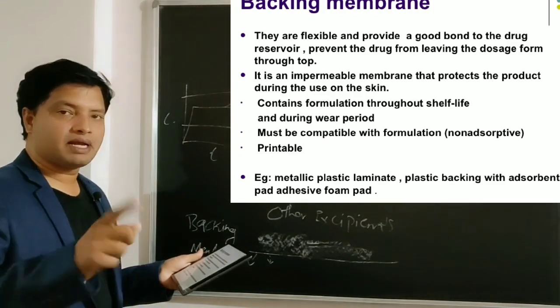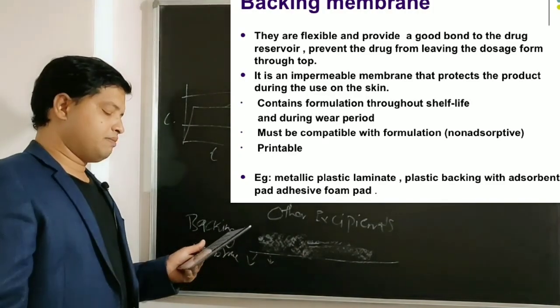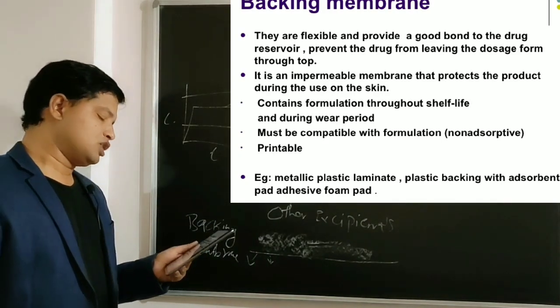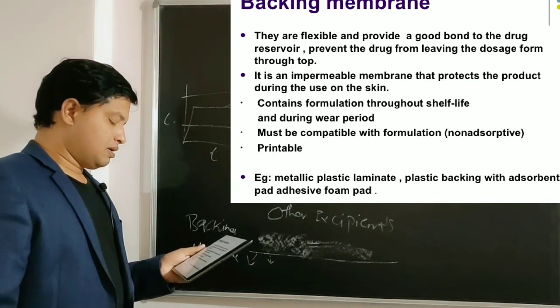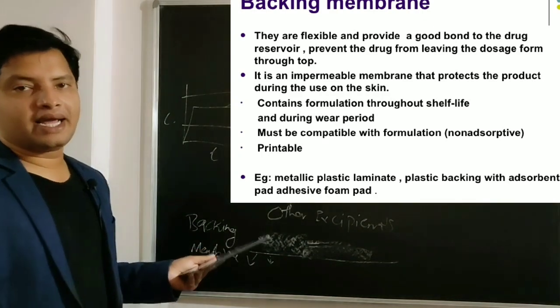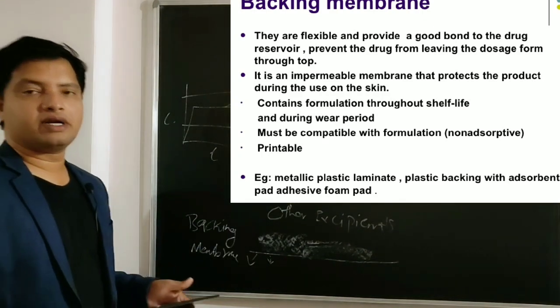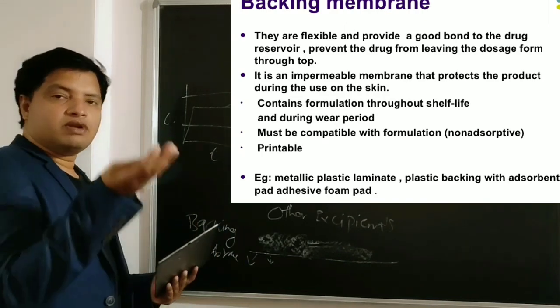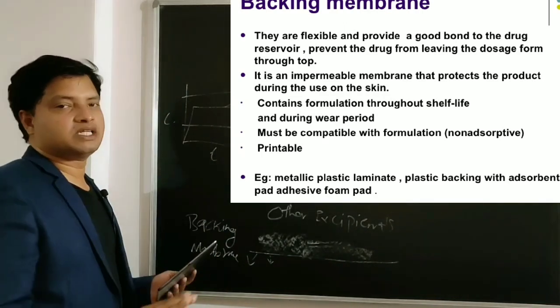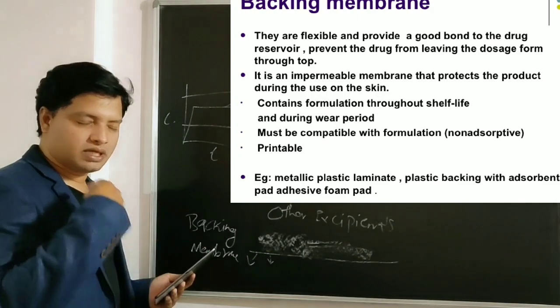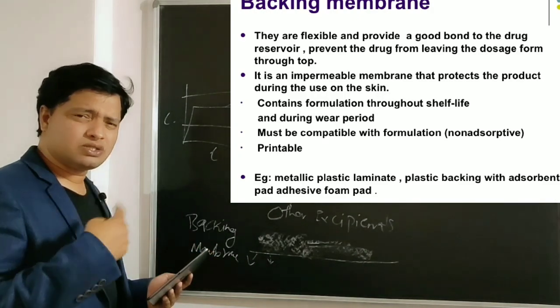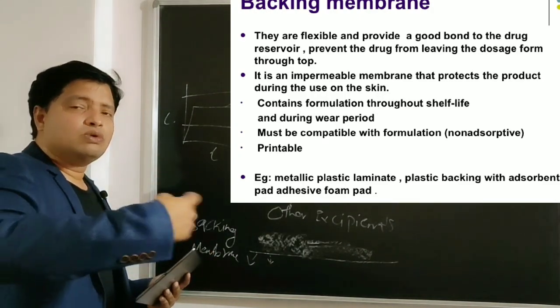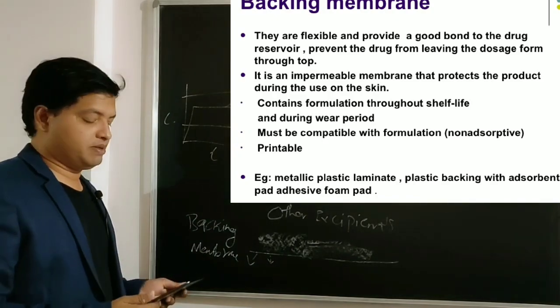We have metal and plastic combination laminates, then only plastic backing with adsorbent pad, adhesive foam pad, etc. These are the different backing membranes we are trying to use. The backing membrane will give physical support to the whole formulation. It should be compatible with the formulation, and it should give good physical stability to the formulation.